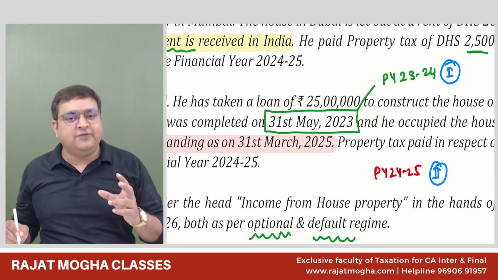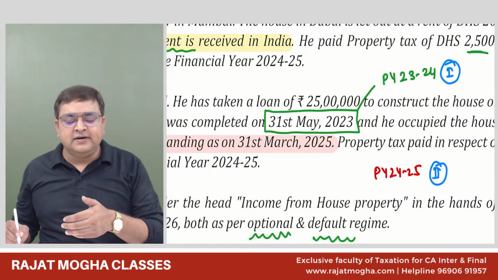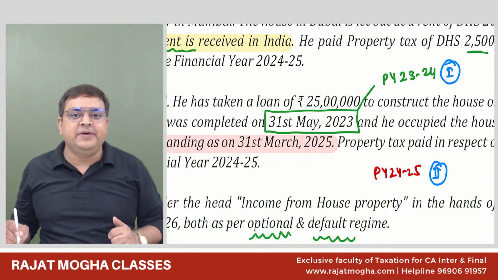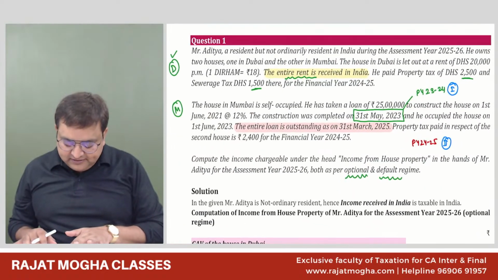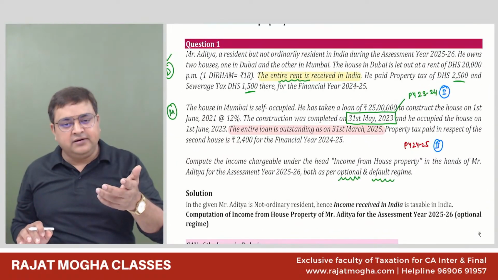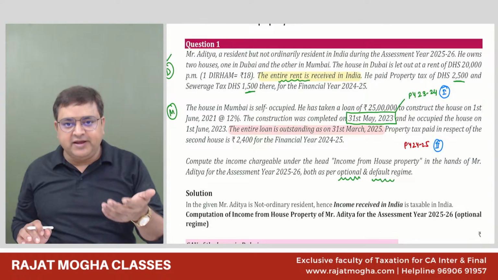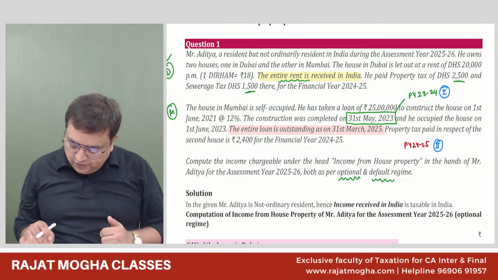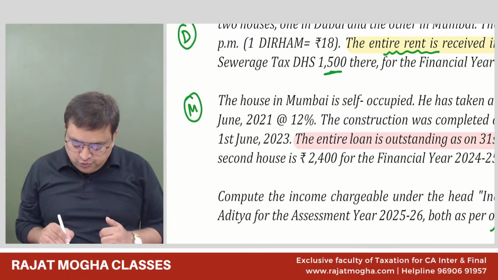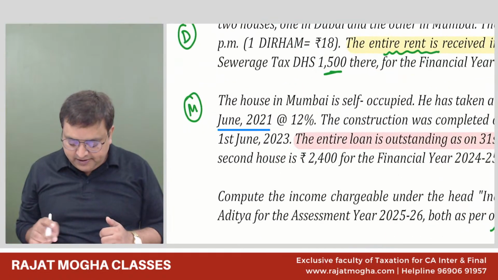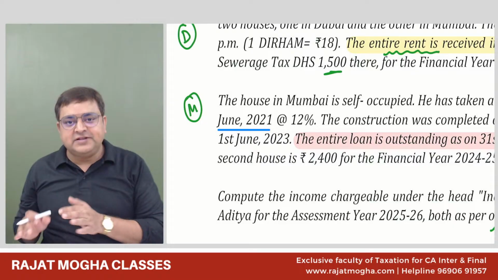Since we are in the first 5 years, here in the second year, I have to take the pre-construction period interest also. Now, please tell me, the pre-construction period starts from where? From the date of the loan. The loan was taken on 1st June 2021.